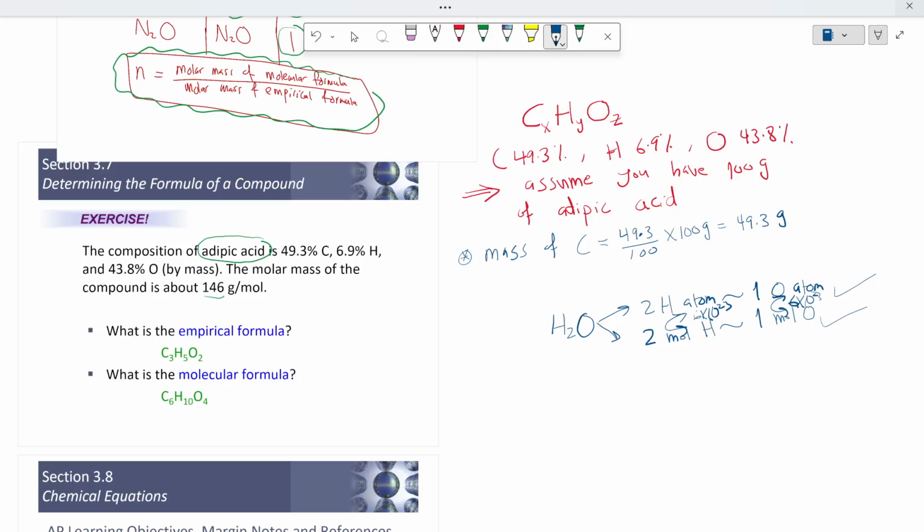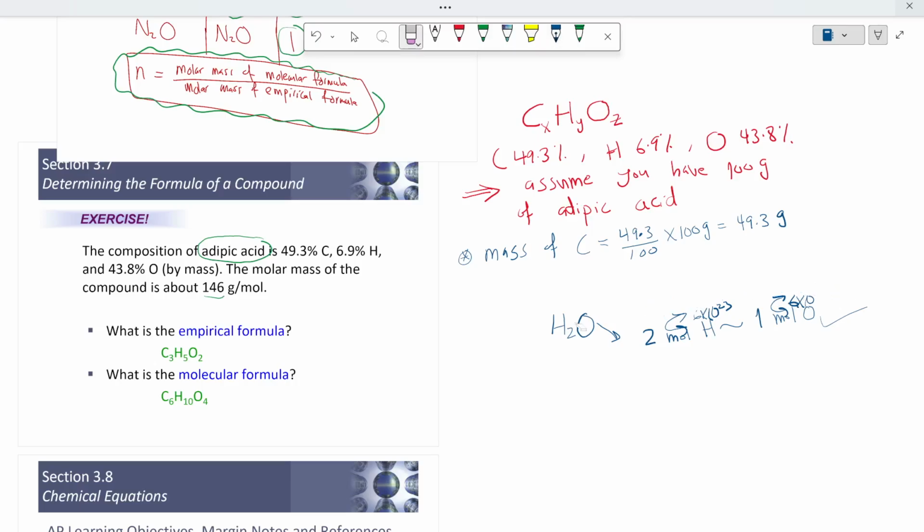If you are dealing with particles, then you will deal with huge numbers with powers 22, 23, 24. So for simplicity, we prefer to deal with moles. Because these subscripts represent moles, we can understand that X is the number of moles of carbon, Y the number of moles of hydrogen, and Z the number of moles of oxygen in adipic acid, the mole ratio between them.